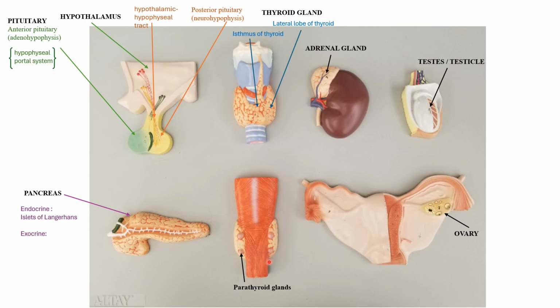So sometimes it happens that during surgery, these parathyroid glands accidentally get removed when some person is having a thyroid surgery. So this is a complication of thyroid surgery, that sometimes accidentally parathyroid glands are removed as well. So these four which you can see over here are parathyroid glands.